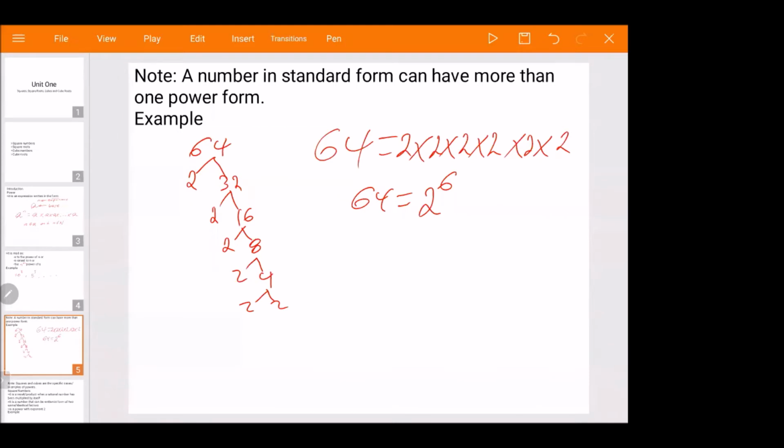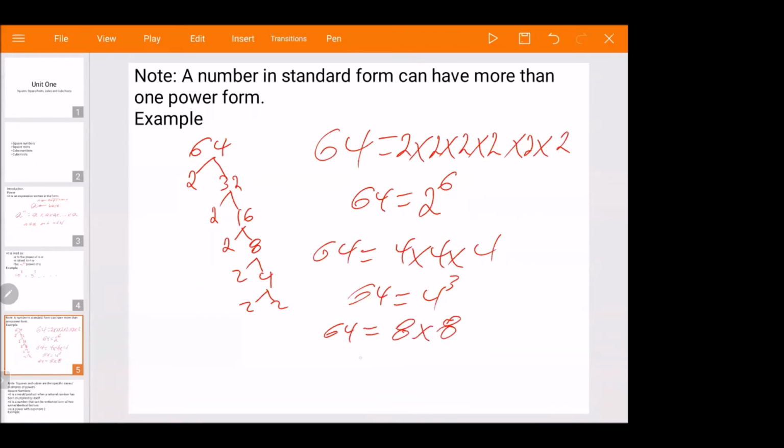That is one way of expressing 64 as a power. Or we can say 64 can be written also as 4 times 4 times 4. It's possible. The point is, we should write the given number as a product of identical factors. So 64 as a power form can be expressed as 4 cubed. This is the other way. Or also, we can say 64 is equal to 8 times 8.